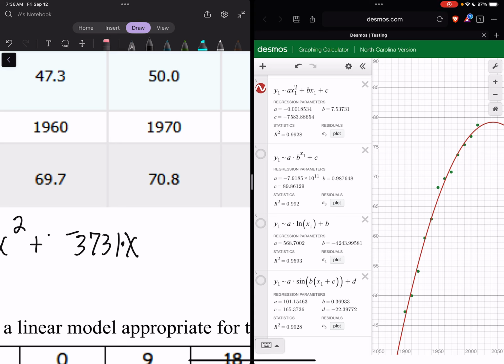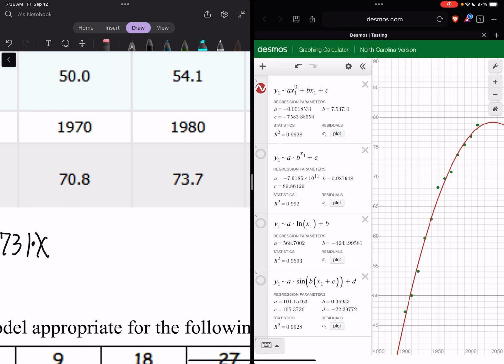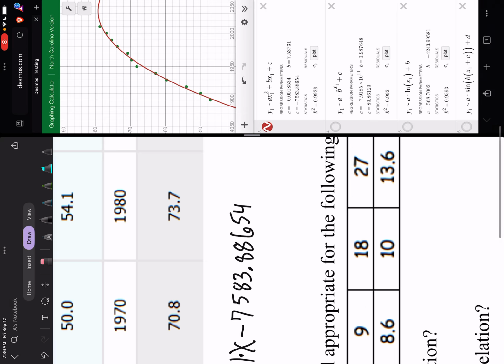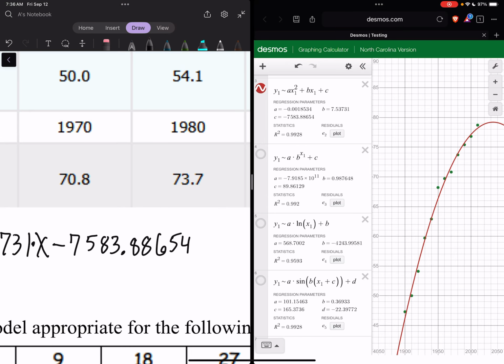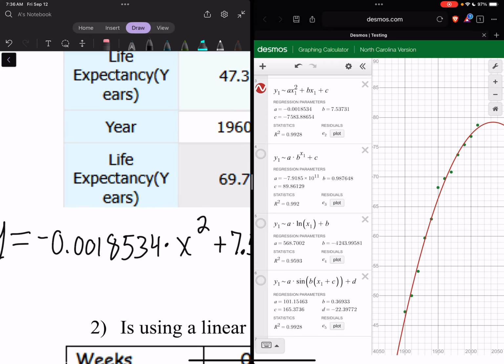It's not spaced correctly. Times x minus 7,583.8864. Do I need all these decimals? Yes, I want every one of these decimals, because if you round them off, you could very easily get another one of these functions as a stronger line of best fit, and the r squared value, that correlation, can change.